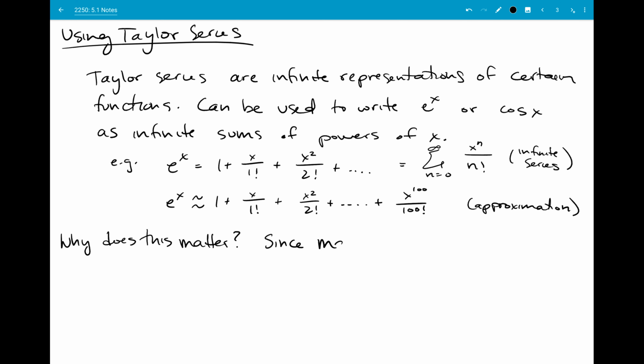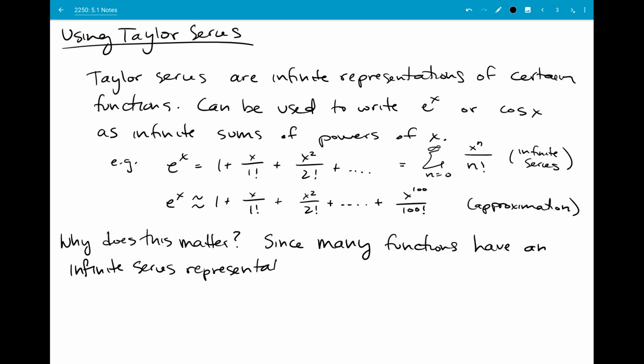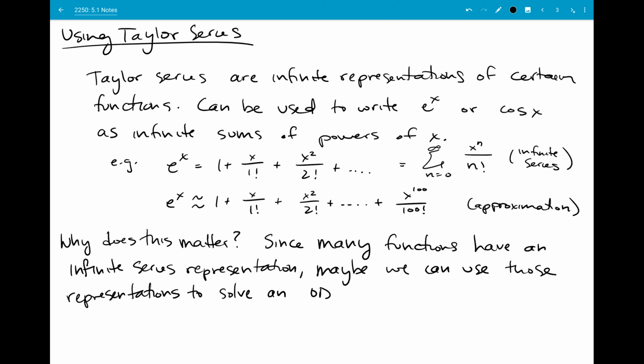So, writing this all down: since many functions have an infinite series representation, maybe we can use those representations to solve an ODE.